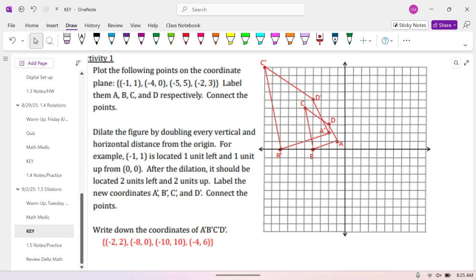what did you guys notice? What kind of happened? Specifically when you were dilating. All right. What kind of happened here? Okay, that's fine.